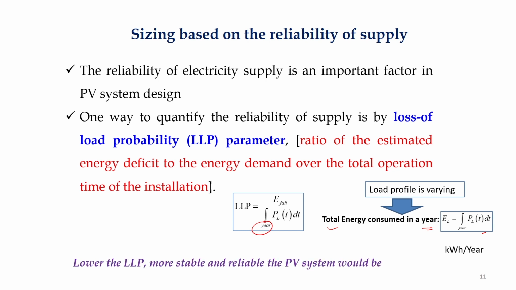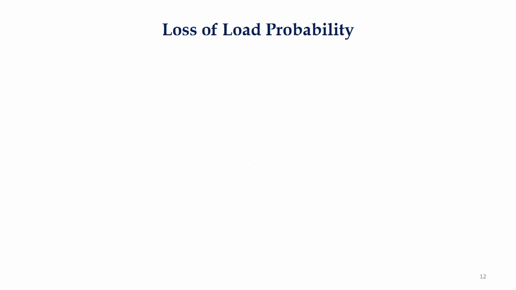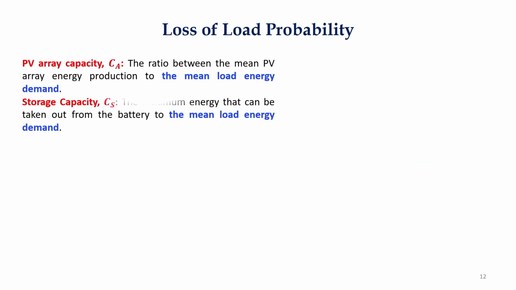So, the lower the LLP, the more stable and reliable the PV system would be. So, our intention is to keep the LLP value low. Okay. So, we can dig into it more. PV array capacity and storage capacity are two very important parameters.